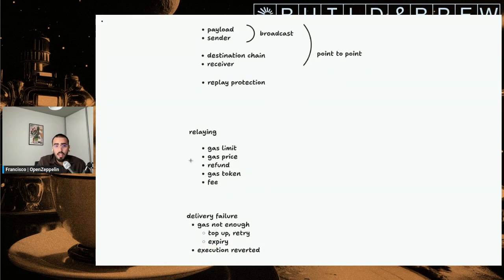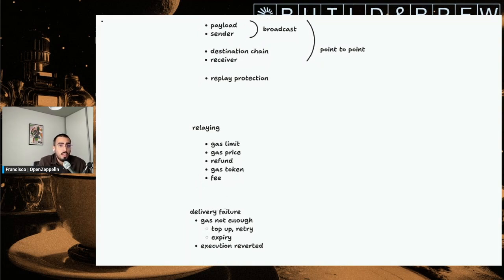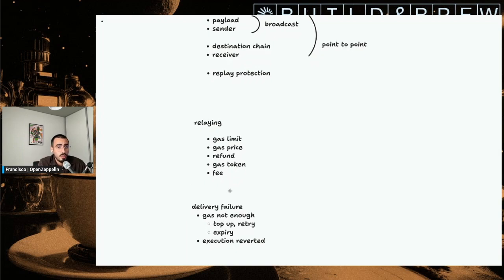Now, this can actually fail in some ways. That is important to consider, and will also have an effect on the API that we design. Why? Because as we said, we had to make some estimation here for the gas limit and for the gas price. And we said there might be a surplus that might have to be refunded.